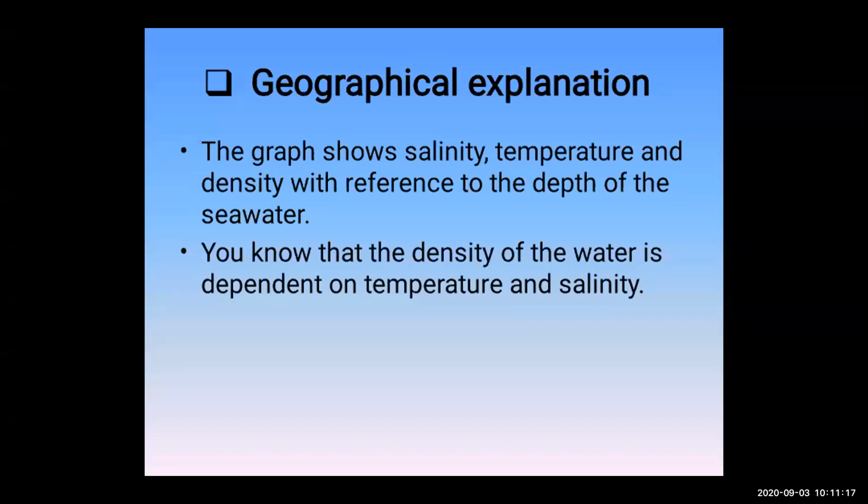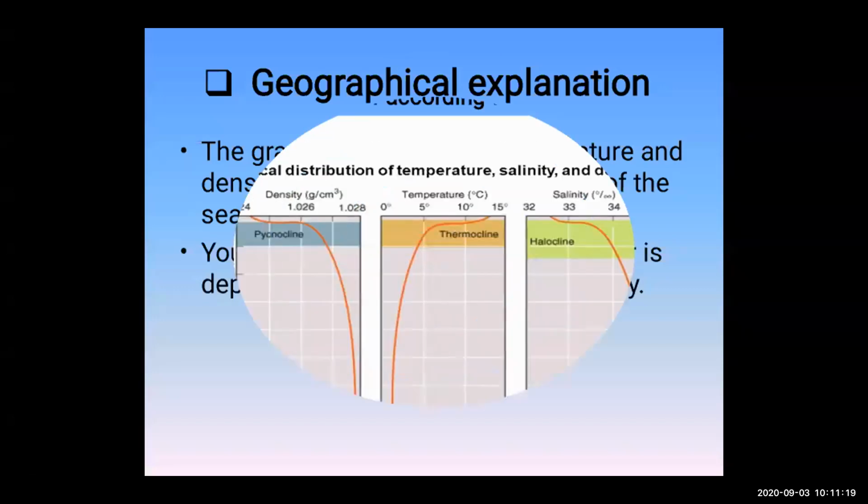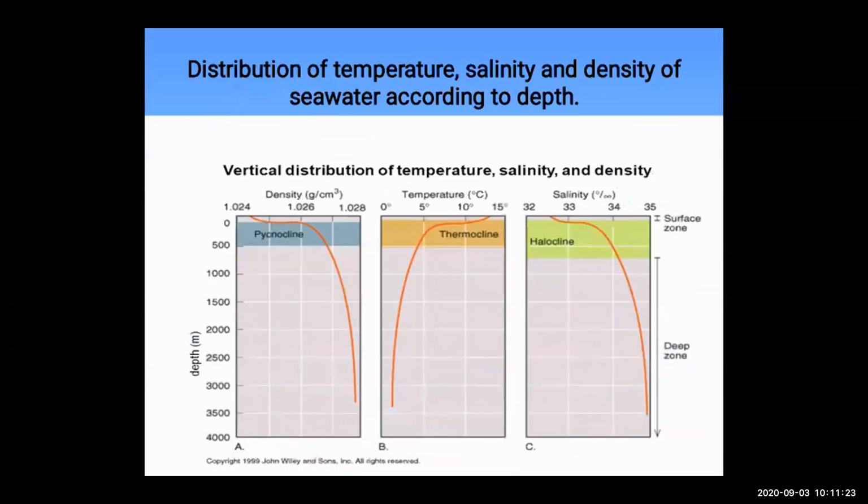Let's have a look at the graph. This is your graph. It shows the vertical distribution of temperature, salinity, and density of seawater according to the depth.